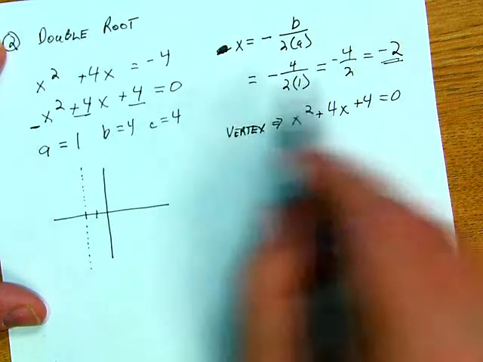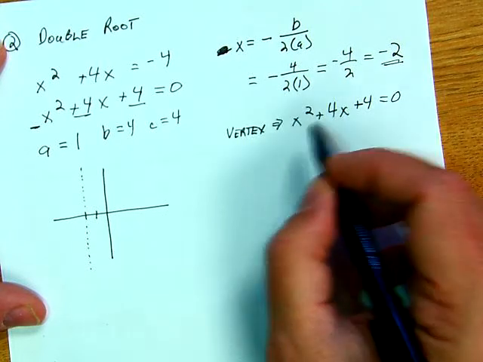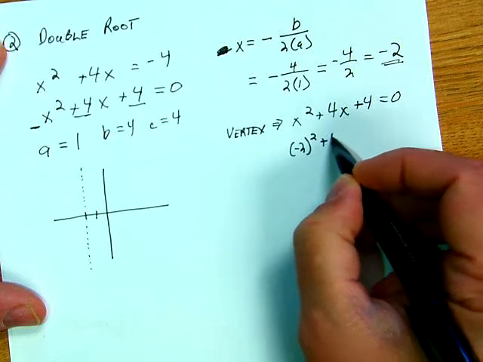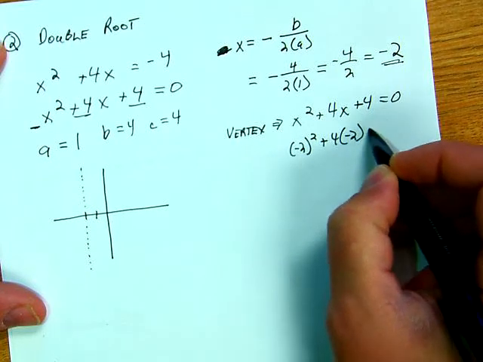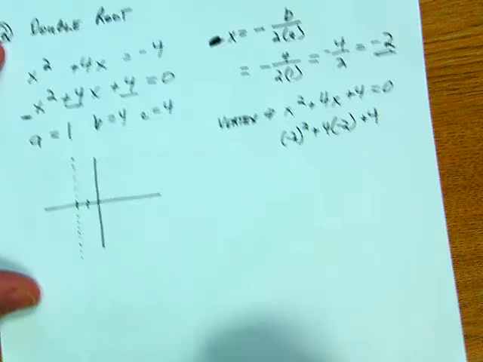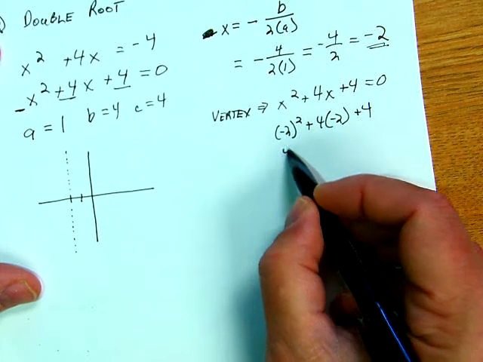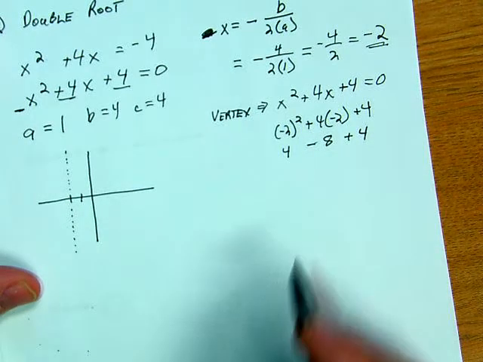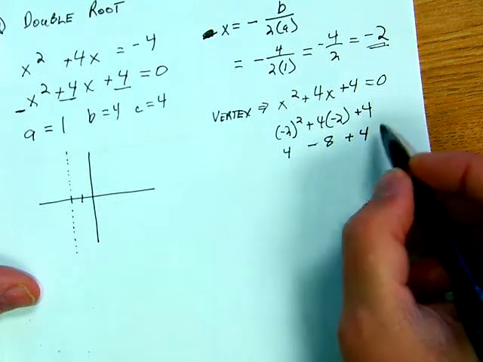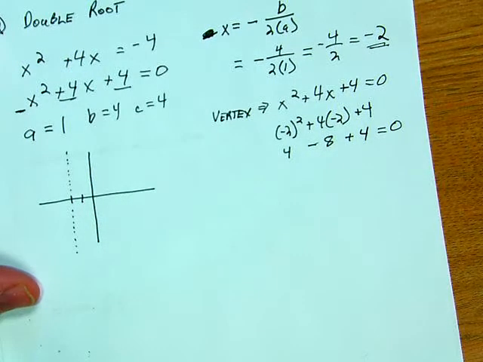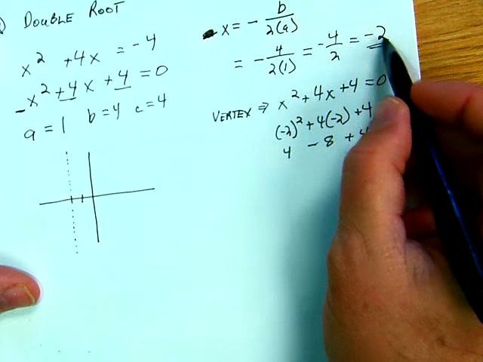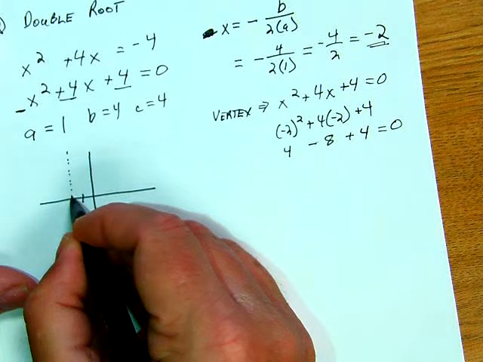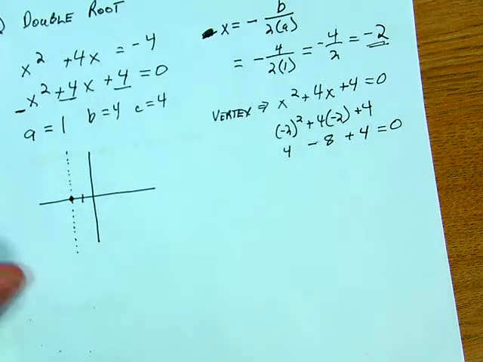When I substitute in -2, what do I get? Well, I get 4 minus 8 plus 4. 4 minus 8 is -4, plus 4. That actually equals 0. So I know that my vertex point is -2, 0. So -2, 0 is right there.